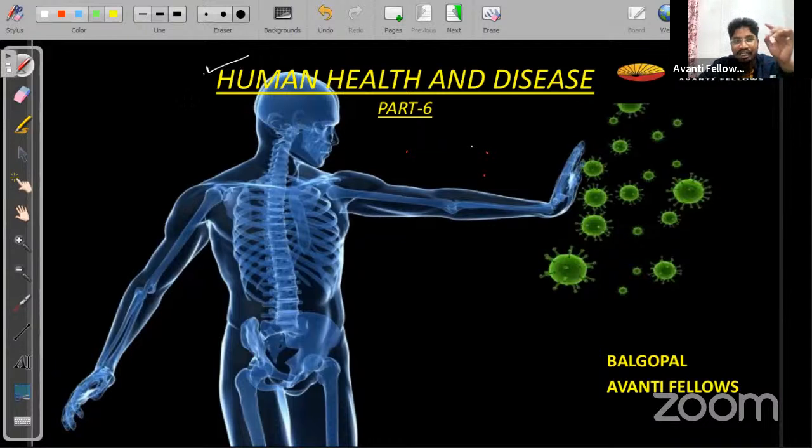But the cytotoxic T cell is a cell and it is going to kill the infected cell. That's why the cell is taking part in the immune response here, and that's why this particular immune response is called the cell-mediated immune response. Out of all the lymphocytes, only one lymphocyte will work in the cell-mediated immune response, that is our cytotoxic T cell. Okay, I'm moving to the next slide.